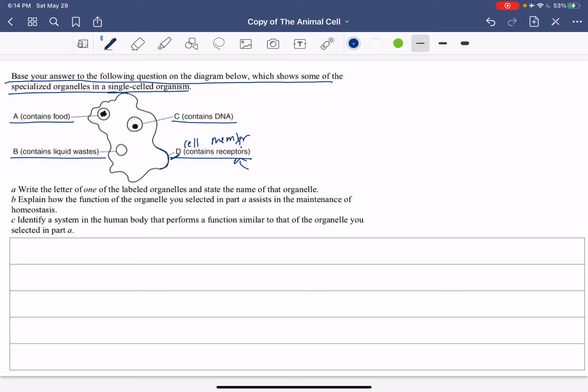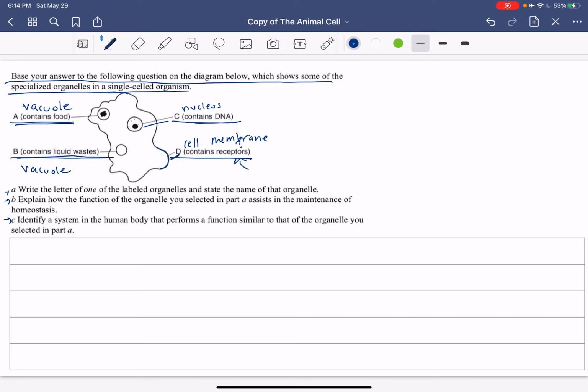If something isn't labeled, you got to label it yourself. C contains DNA. That is the nucleus. B contains liquid waste. That is the vacuole. A contains food. That is also another vacuole.